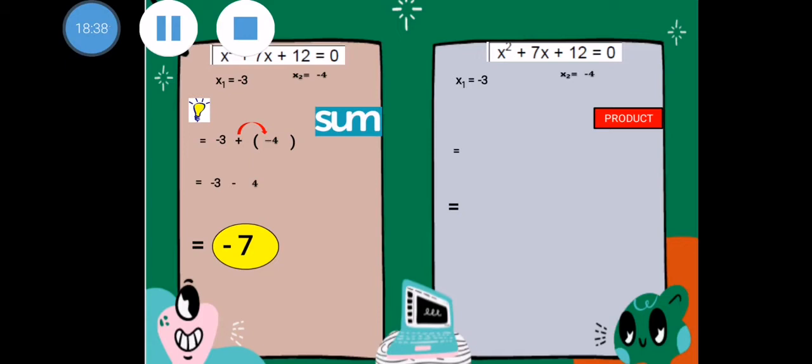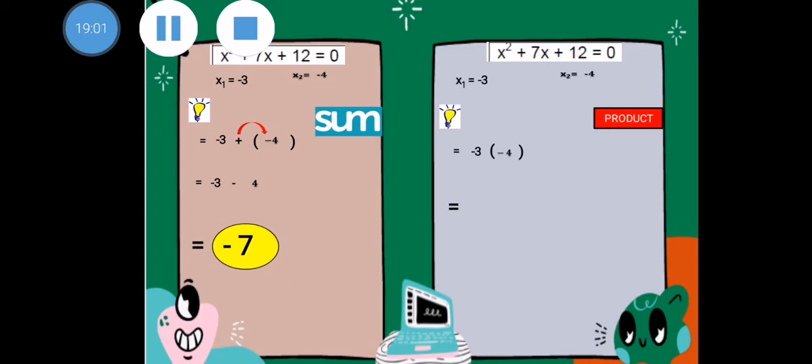Okay. Tingnan naman natin ang product. So, pag sinabi naman pong product, syempre, obviously, imumultiply natin ang first root and second root. So, negative 3, ang first root, times the second root na negative 4. At this point, magmumultiply tayo ng magkapareho ang sign na negative.